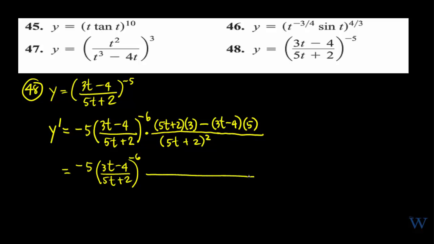And then let's see what's going to simplify at the bottom. This becomes 5t plus 2 squared. And then this is going to be what? 15t plus 6 minus 15t. Right? And then that's negative times negative plus 20. So really that means, do we get to cancel something?